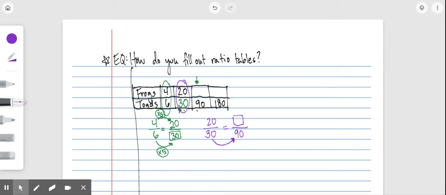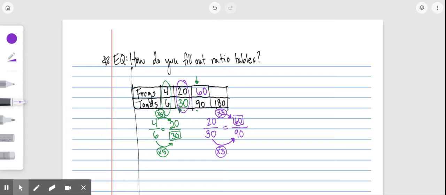How many groups of 30 go into 90? Well, 3 groups of 30 go into 90. So I'm multiplying by 3. Which means in the numerator, same idea, I need to multiply by 3. 20 times 3 is 60. So there should be 60 frogs for every 90 toads.